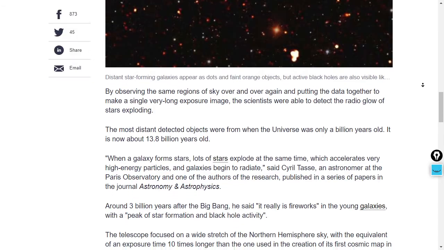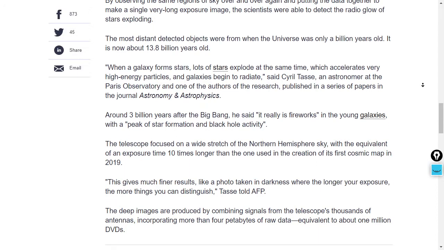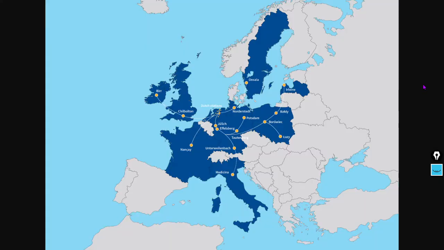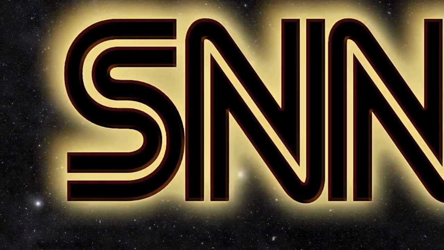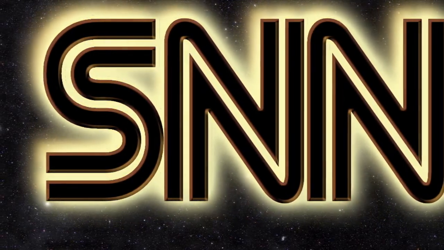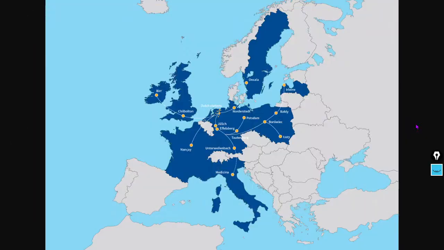As we try not to offend anybody when it comes to the realm of science, which becomes more and more difficult as more stuff is understood. Anyway, these are the locations of Lofar. If you're not familiar with Lofar, again, it's 70,000 ground-based radio antennae located in Europe.